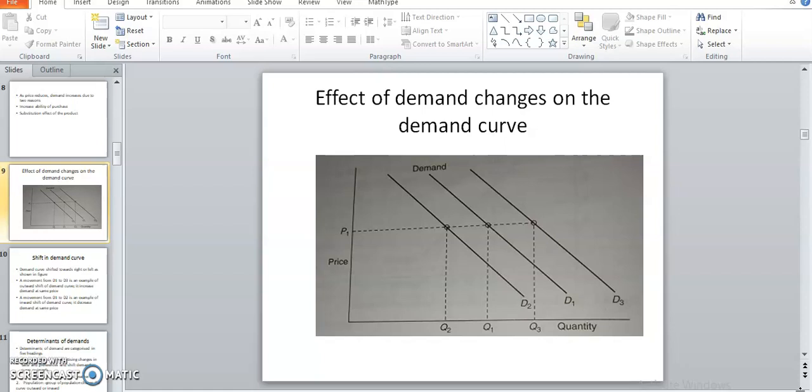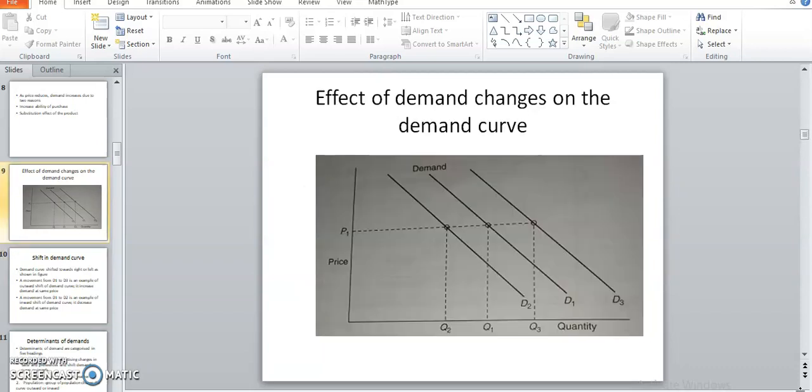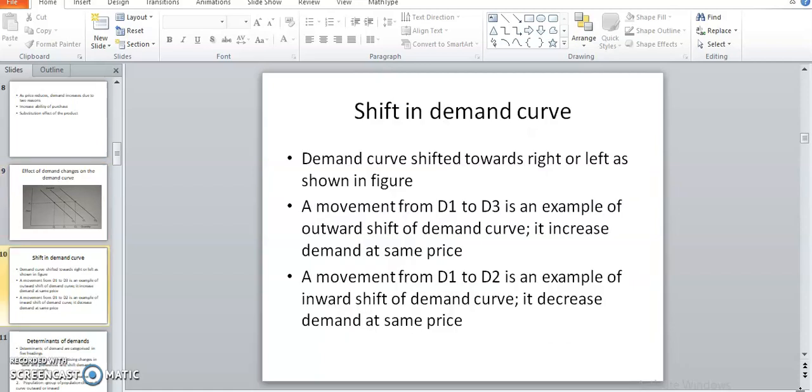There are different factors due to which these demand curves are shifted toward the right or toward the left, generally due to income and the price change of the substitute product. Accordingly, the quantity changes from Q1 to Q2 and Q1 to Q3.